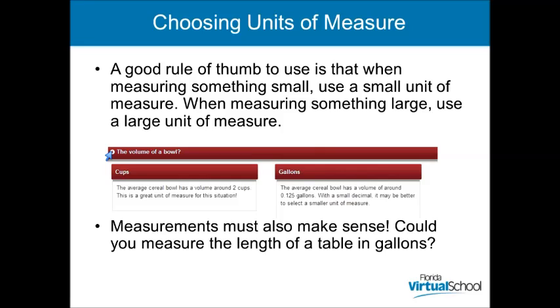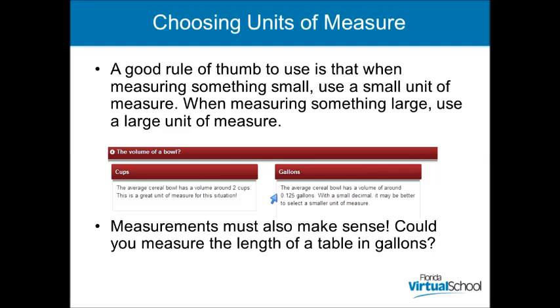Imagine if we measured the volume of a bowl, a cereal bowl, in cups. That makes sense. We can say the bowl holds about 2 cups. Now imagine if we measured the volume of our bowl in gallons. Oh my goodness. A gallon is much larger than the bowl itself.